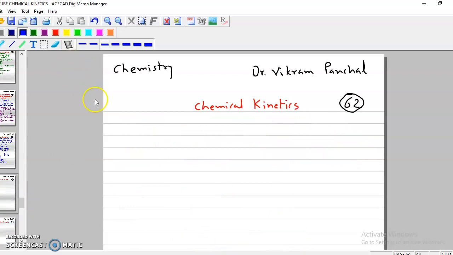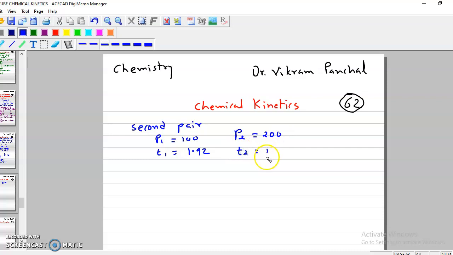Now for the second pair, p1 is equal to 100, where t1 will be 1.92 and p2 will be 200, where t2 is equal to 1. Okay, now substitute these values also in t1 upon t2 is equal to p2 upon p1 raised to n minus 1.